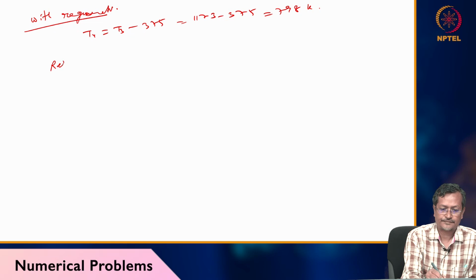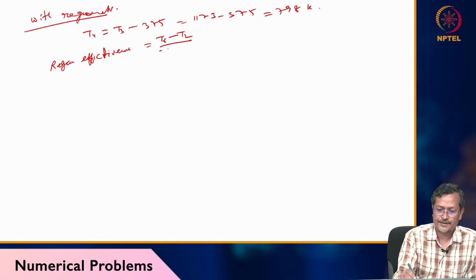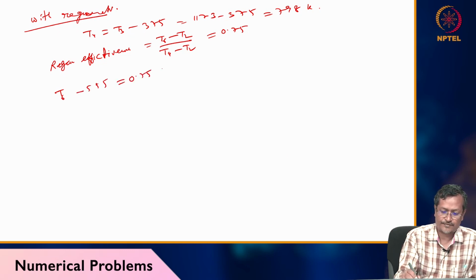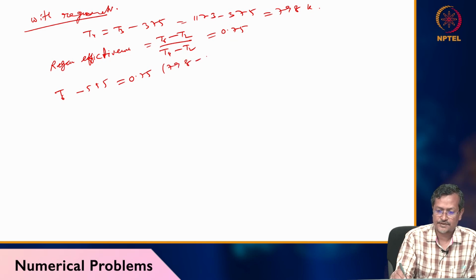Regenerator effectiveness equals T6 minus T2 divided by T4 minus T2 equals 0.75. So T6 minus 555 equals 0.75 into 798 minus 555.